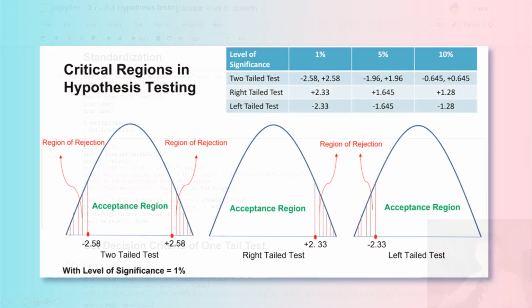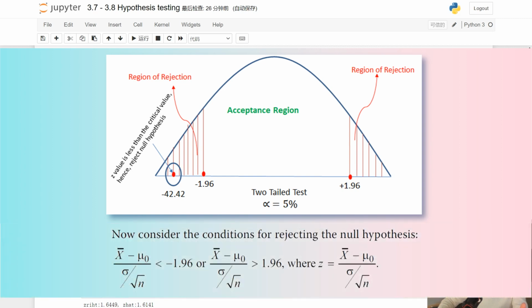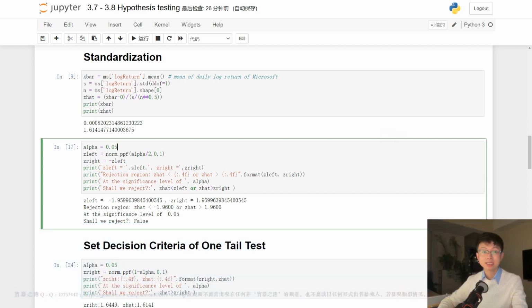For a two-tailed test, the rejection regions correspond to the values of the test statistic that are less than minus 1.96 or greater than 1.96 for alpha equals 0.05, of course. So if the calculated value of the test statistic falls within the rejection region, we reject the null hypothesis and conclude that the sample provides evidence against the null hypothesis.